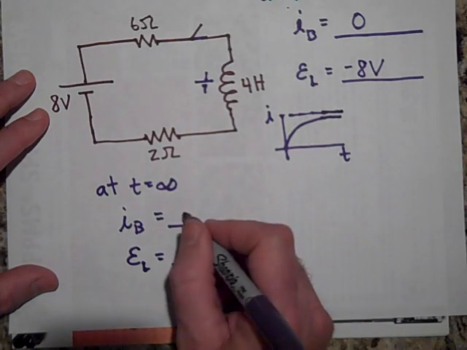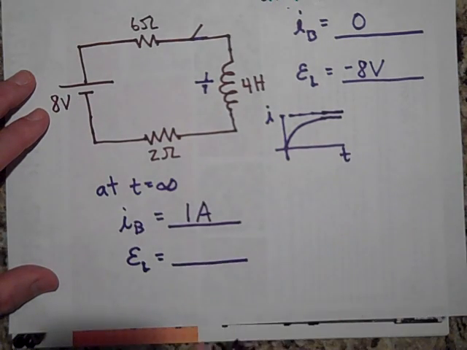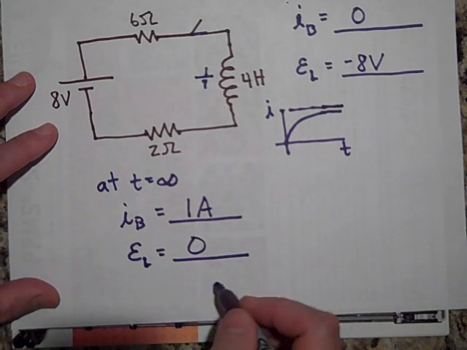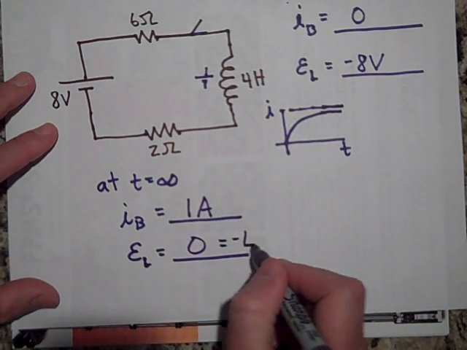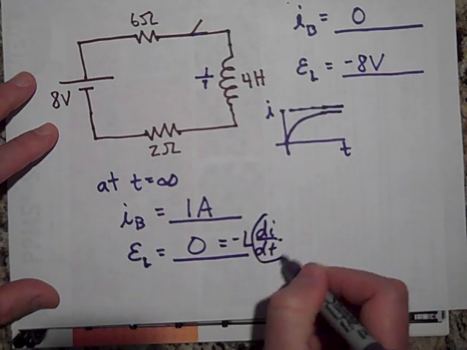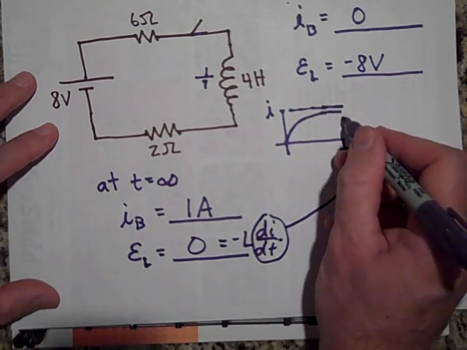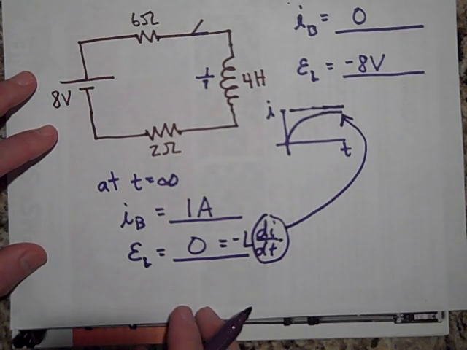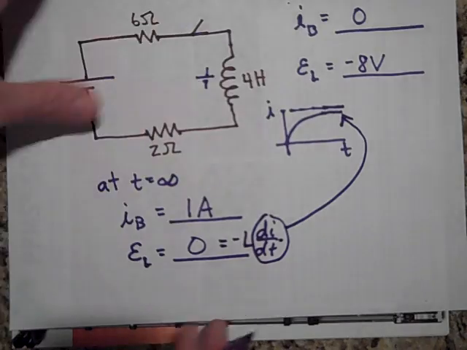And so we're going to get 1 amp there. And then the EMF that will be induced will be 0. Why? Because it's negative L di/dt. And look at di/dt. Look at the slope right there. See how it's so flat? It's pretty close to 0. All right.